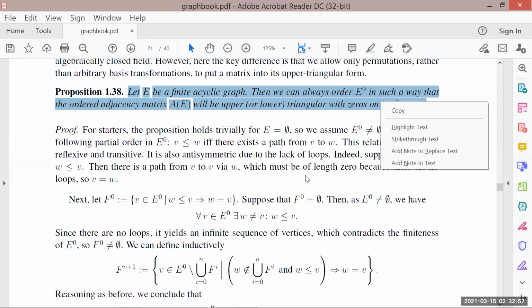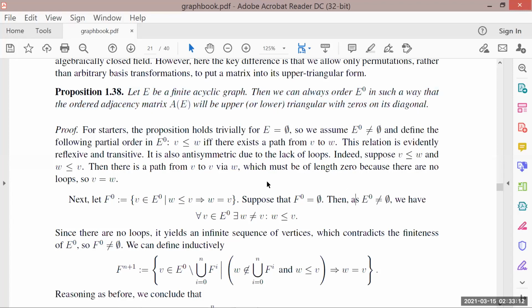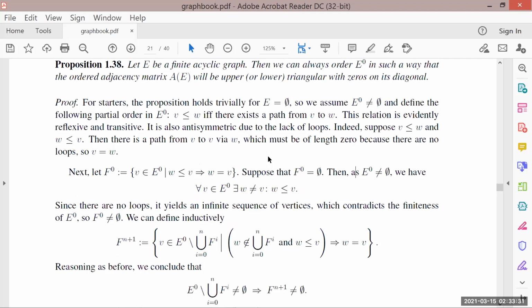The point here is that we constructed a partial order, actually the total order in this finite set of vertices with such a property that there exists an edge from one vertex to another one if and only if the vertex from which an edge starts is less or equal to the vertex where this edge ends.